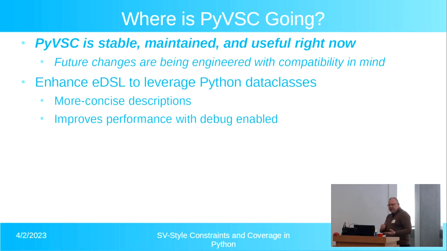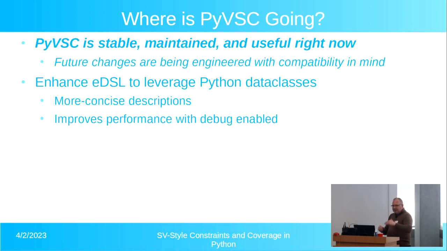So one thing that I do see coming: data classes for Python, if you're familiar with them, are a great way to make your classes a little more concise. It's one thing that's taken off in popularity since I created the project originally. The next major iteration of the project will be primarily based on data classes.